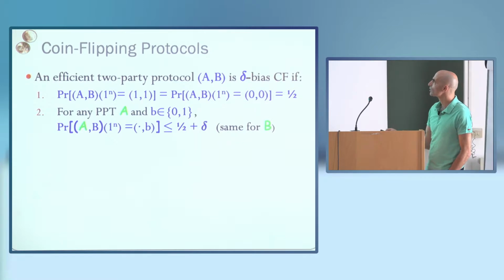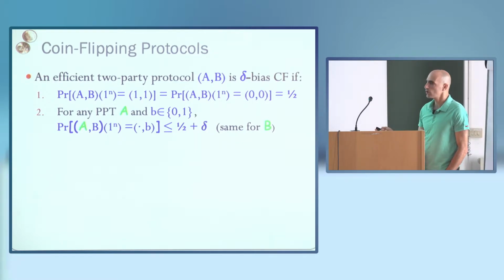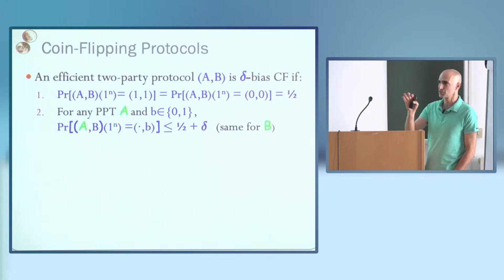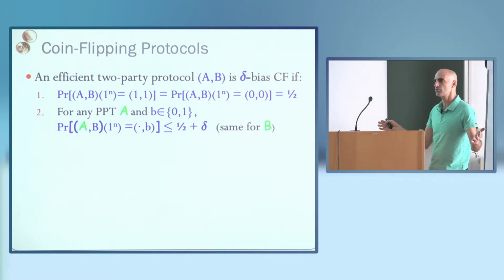She cannot make him output 0 with probability more than half. He cannot increase the probability of having 0. It's true that he can prevent the probability of having 1 altogether, but he cannot increase the probability of having 0.